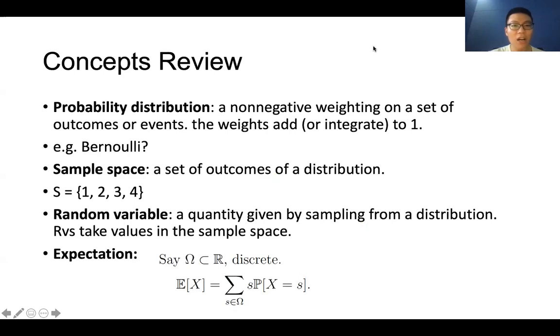The first definition is what we call the probability distribution. It is a non-negative weighting on a set of outcomes or events, and the weights should add to 1. For example, the Bernoulli distribution.